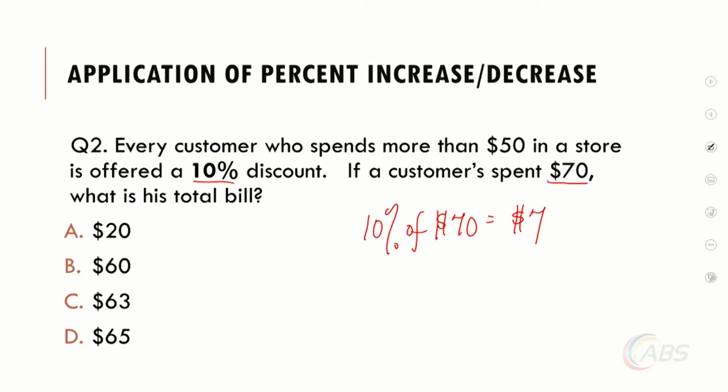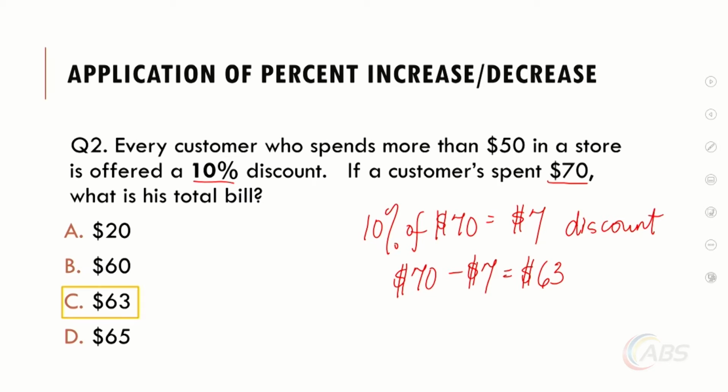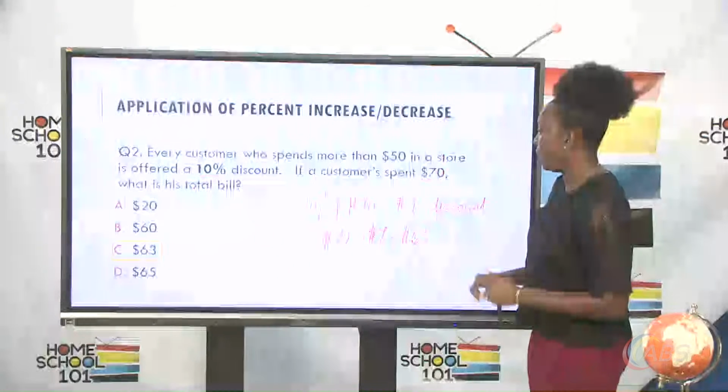So $7 is the discount, and so that means we're going to take that off of the bill, which was $70, and so $70 minus 7, and we get $63. Okay? So again, just make sure that you understand what the question is asking.